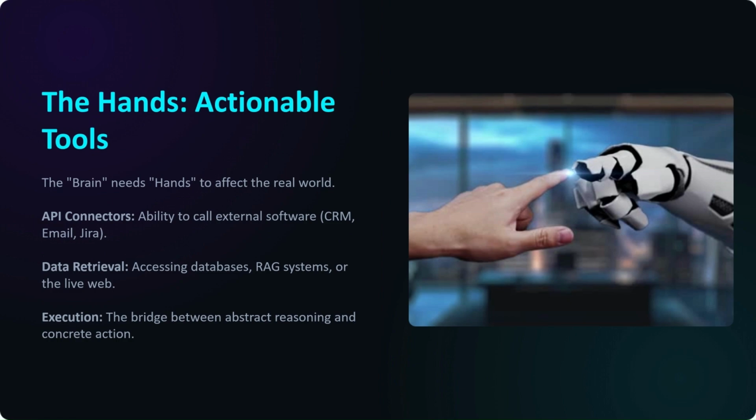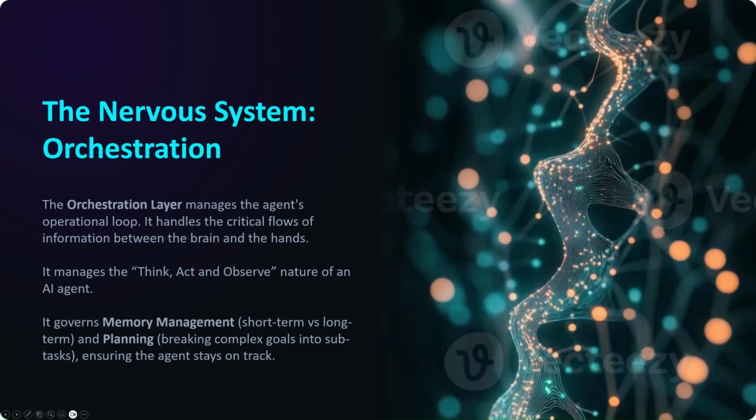This includes API connectors to talk to software like Jira, CRMs, or email, data retrieval tools to search the live web or query your internal databases via RAG, and even code execution environments where the agent can write and run code to solve math problems or analyze data. Important thing to understand here is that tools bridge the gap between the agent's internal capabilities and the external world, unlocking a broad range of possibilities.